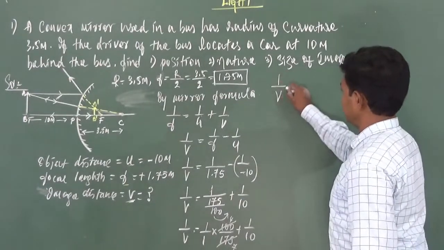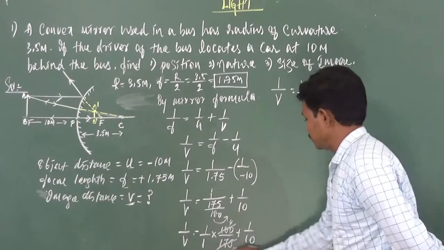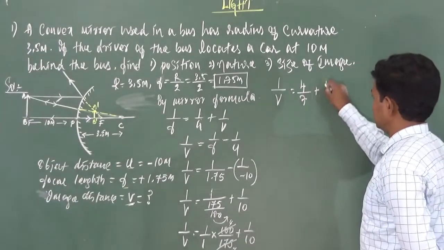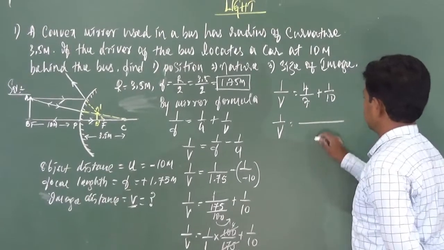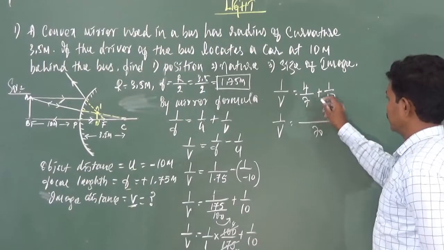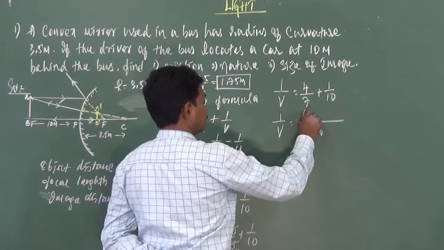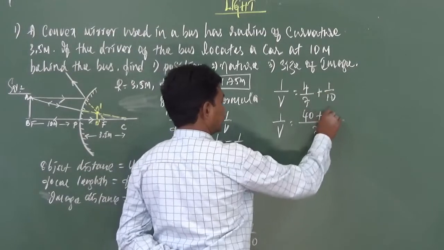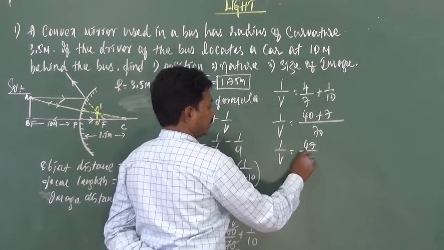So 1 by V is equal to 1 into 4 is 4, by 1 into 7 is 7, plus 1 by 10. The LCM of 7 and 10 is 70. 4 by 7 into 70 is 4 into 10 is 40, plus 1 by 10 into 7 is 7. So 1 by V is equal to 47 by 70.